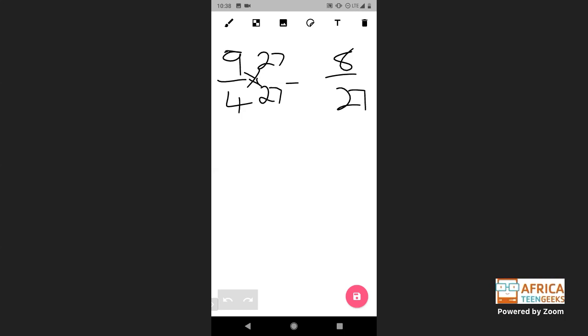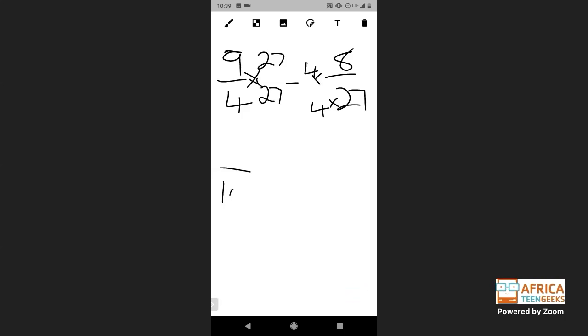And how many times did we move with the multiples of 27 to reach 108? We moved 4 times. So we'll obviously multiply this other fraction by 4 and by 4.